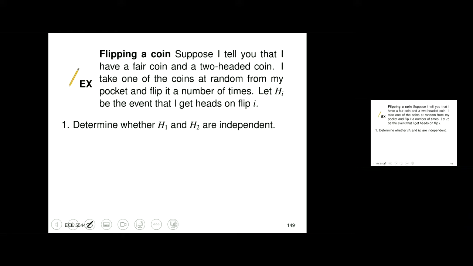All right, so let's solve this problem. We want to determine whether H1 and H2 are independent. What are the possible outcomes? We have heads heads, heads tails, tails heads, and tails tails. That's if we have the fair coin.